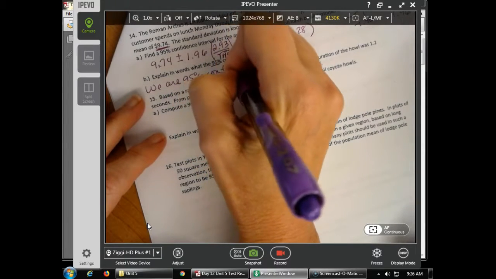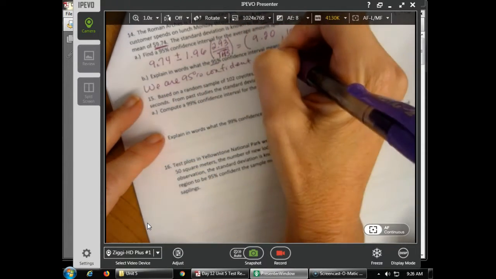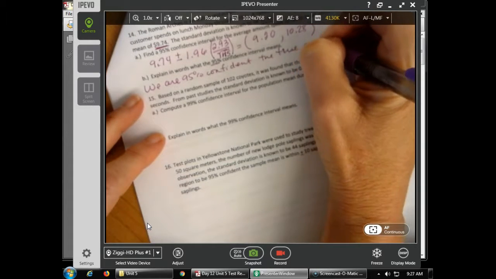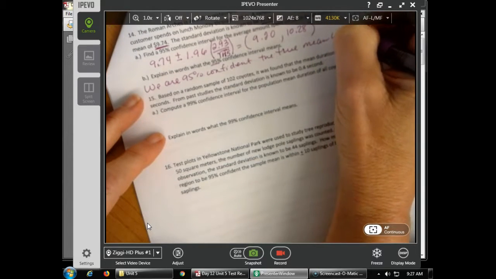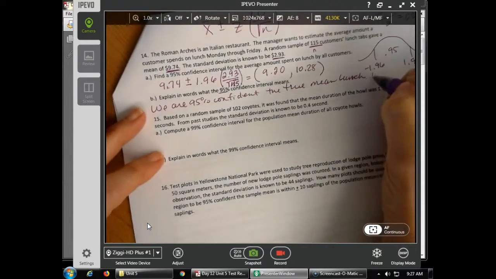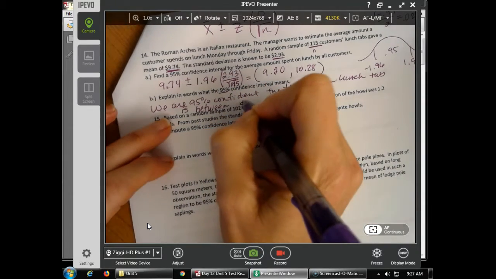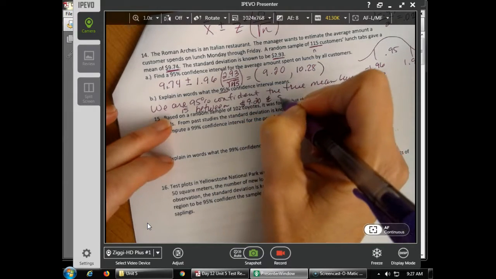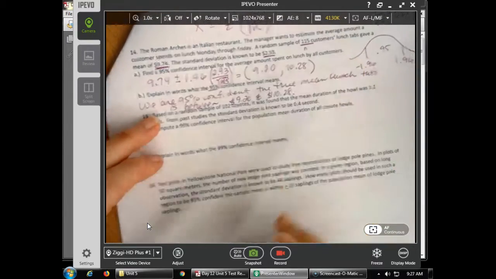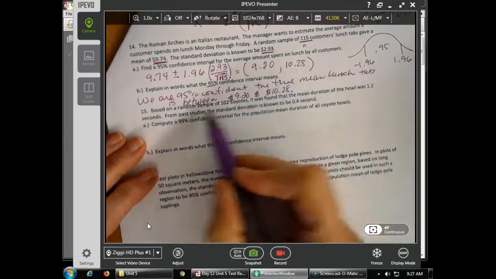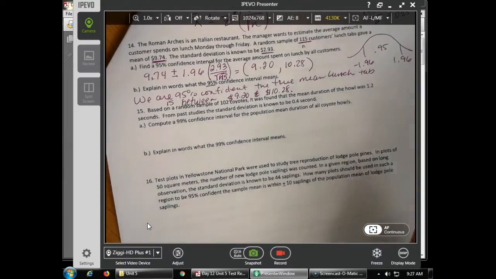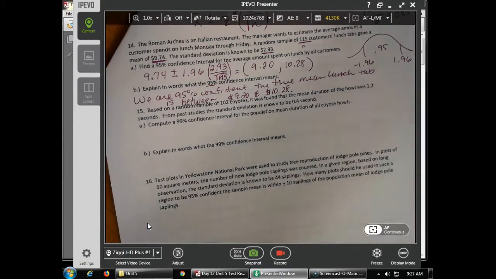We are 95% confident that the true mean lunch tab is between $9.20 and $10.28. Technically, it's Monday through Friday, because it might be different on Saturdays or Sundays. Maybe it's higher on Saturdays or Sundays. I don't know. That kind of thing.